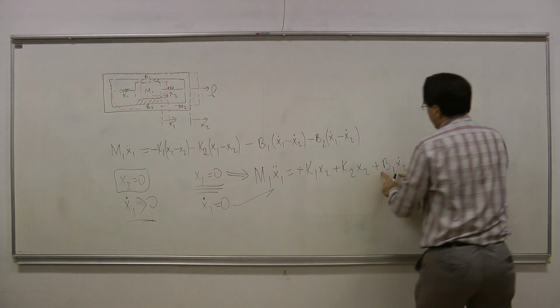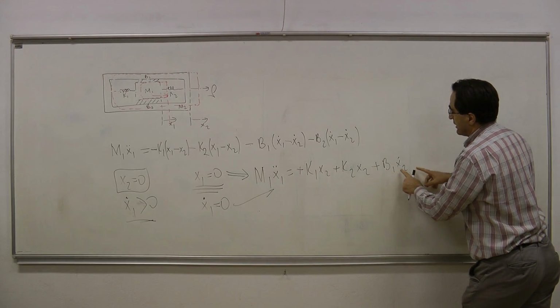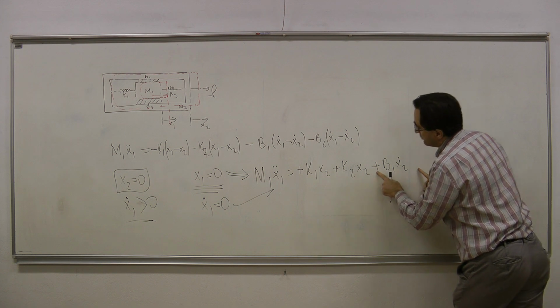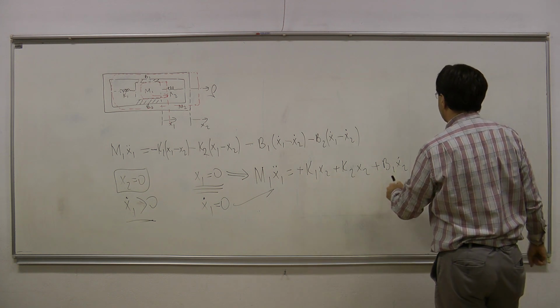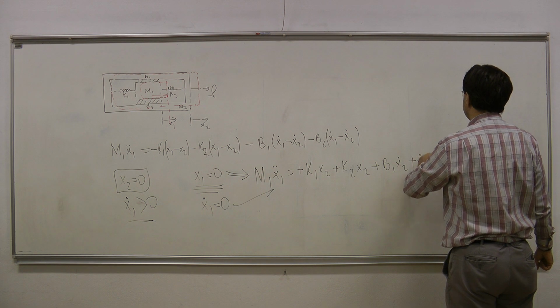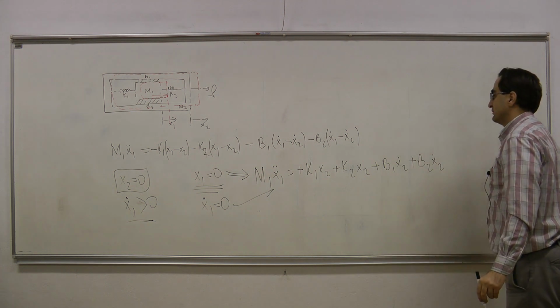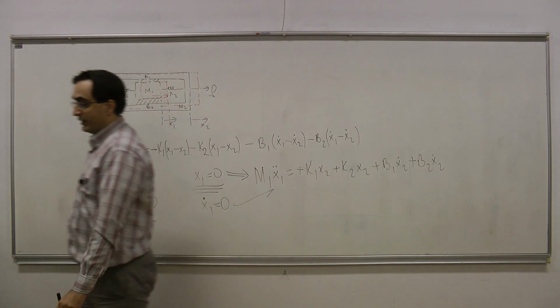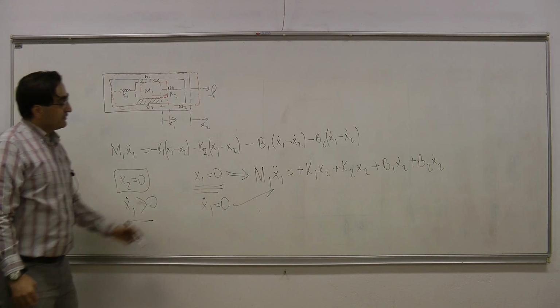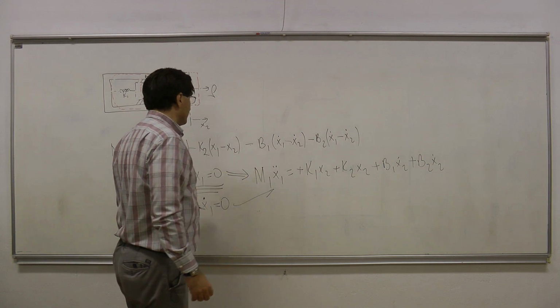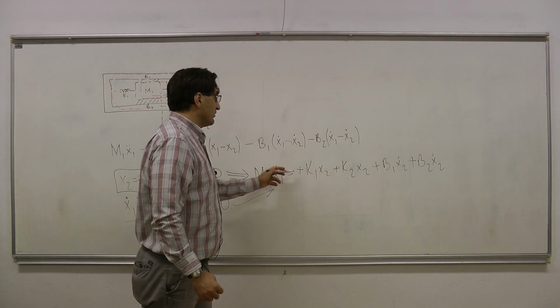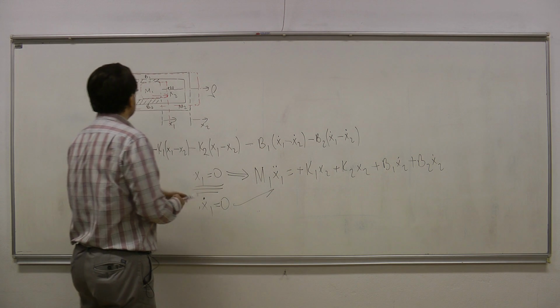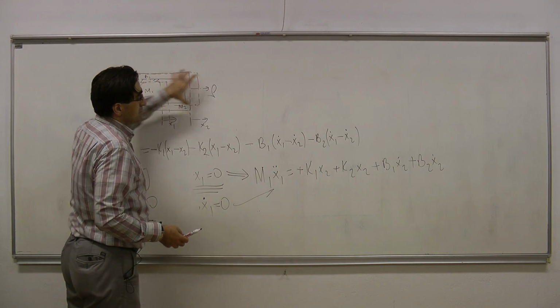And this is a positive force, b1 positive, x2 dot is positive, and I would have a plus sign in front. Plus b2 x2 dot. Okay? The other friction is going to behave in a similar way. In such a case, I have all positive forces due to the motion of the outer mass.